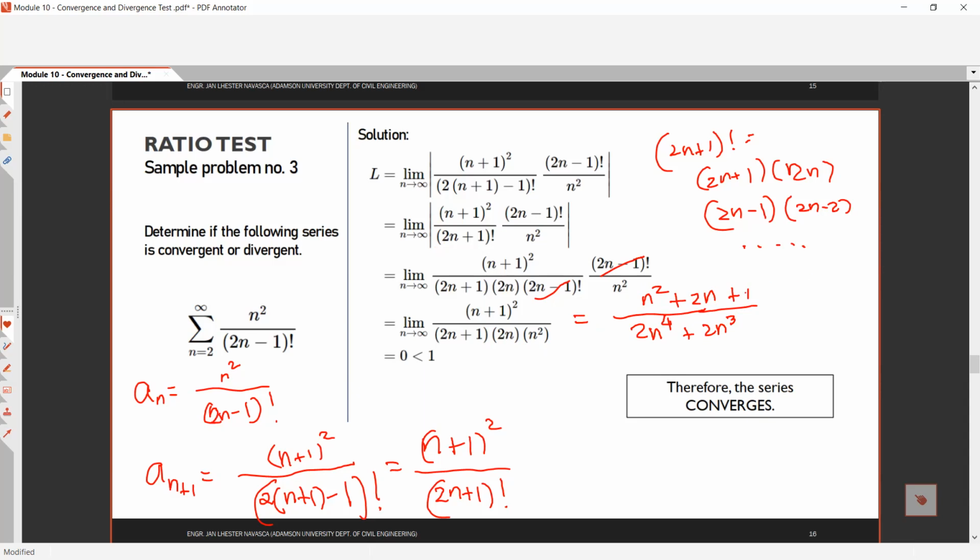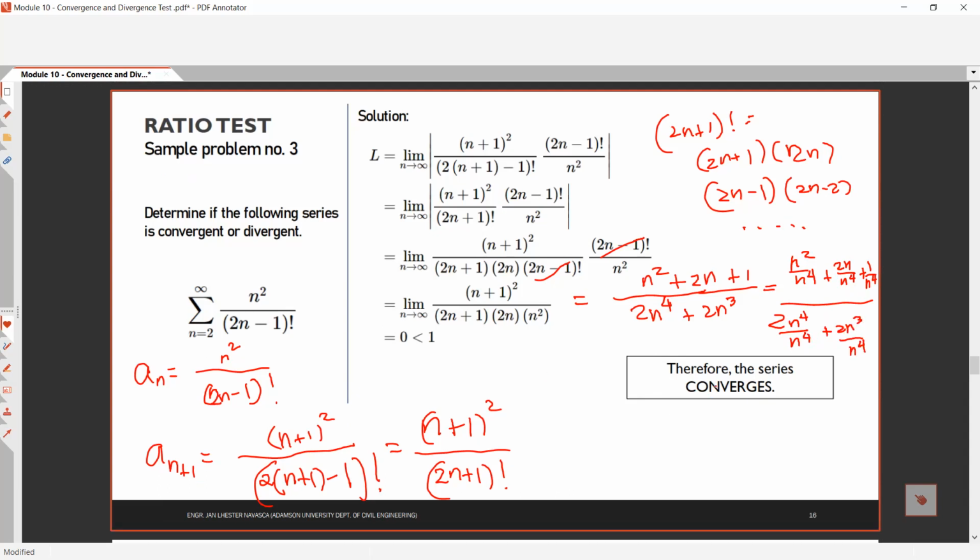So therefore, we will divide all terms by n raised to 4. Tama pala. So n squared over n raised to 4 plus 2n over n raised to 4 plus 1 over n raised to 4, divided by 2n raised to 4 over n raised to 4 plus 2n cubed over n raised to 4. Okay? So what you have left is this one.